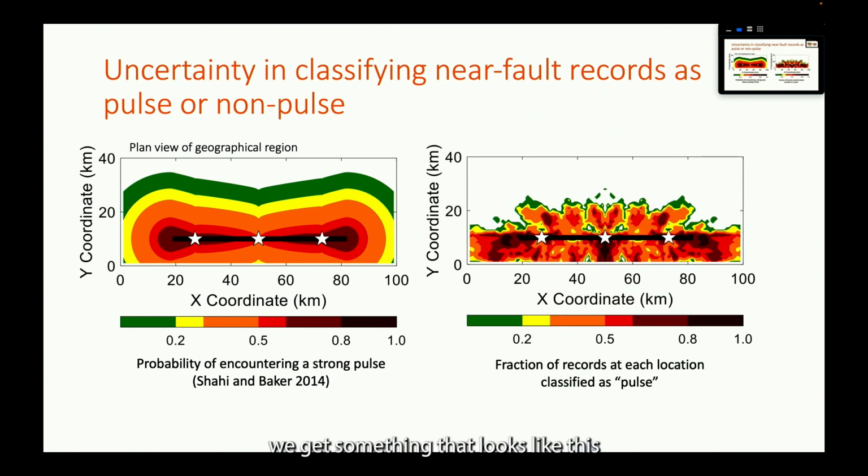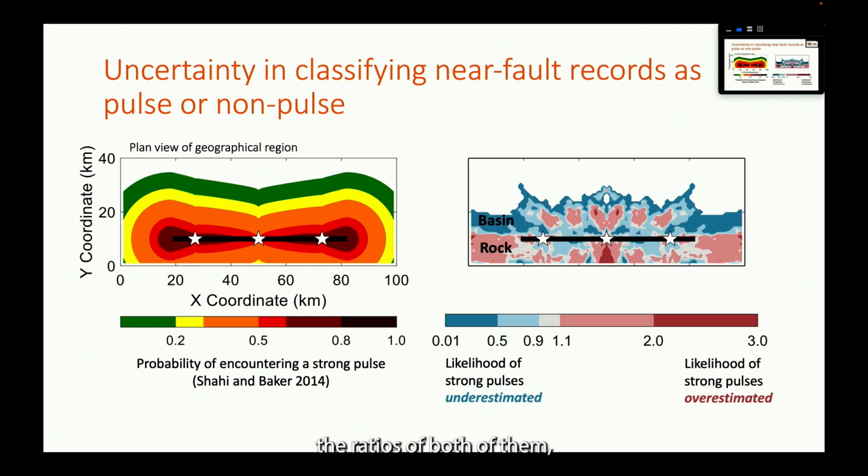We get something that looks like this, that is kind of biased or skewed toward the areas that have stiffer soils. Another way to look at it, if you want to get the ratios of both of them, you'll see that there's a very large likelihood of overestimating the probability of those pulse ground motions in the stiffer soils, and a likelihood of underestimating them on softer soils.